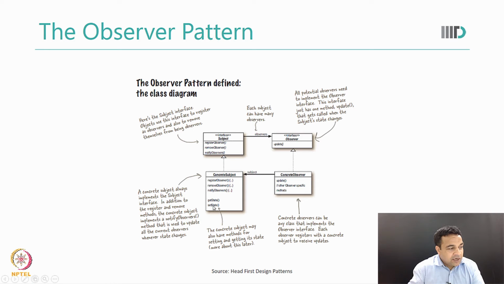It will also have something like get state or set state, and when there is a change in the state, it needs to call the notify methods. The concrete observer needs to implement the observer interface, and it only needs to implement one method, that is update, which is run when the state of the subject is changed.